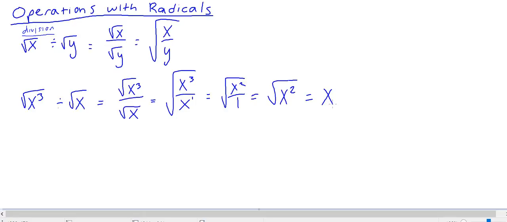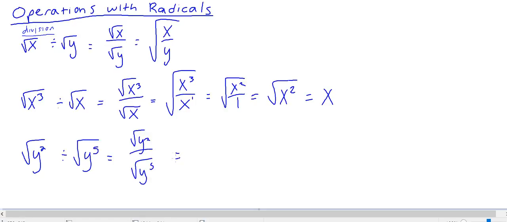Let's try one more like that. Let's say we have the square root of y squared divided by the square root of y to the 5th. Let's rewrite it as a fraction. The square root of y squared over the square root of y to the 5th, which is equal to a big square root of y squared over y to the 5th.